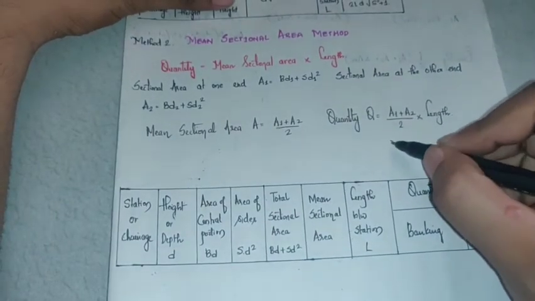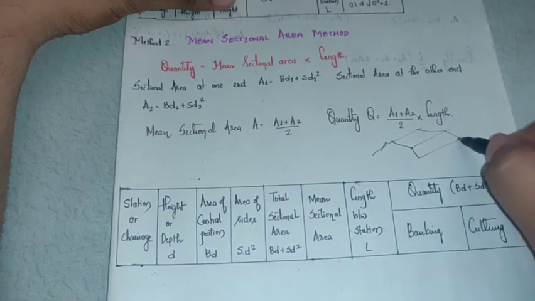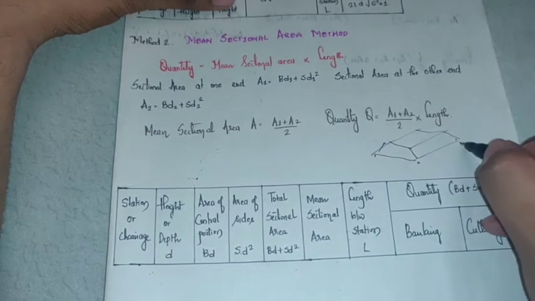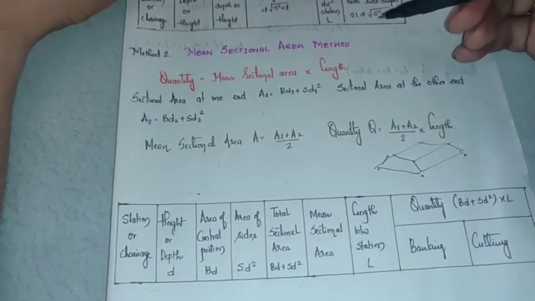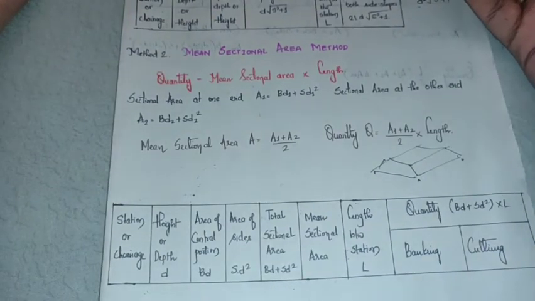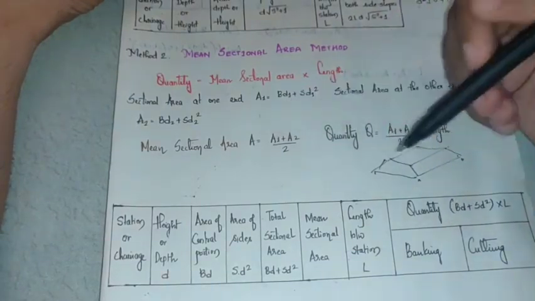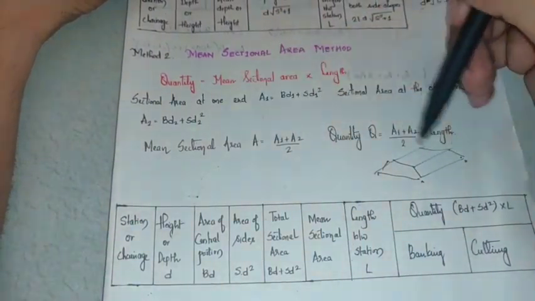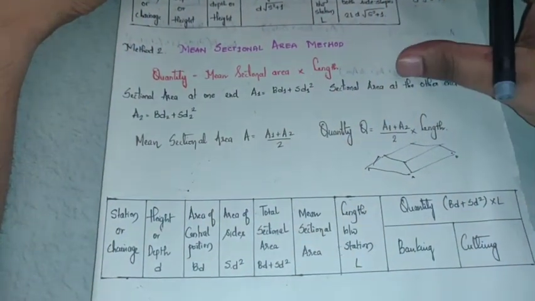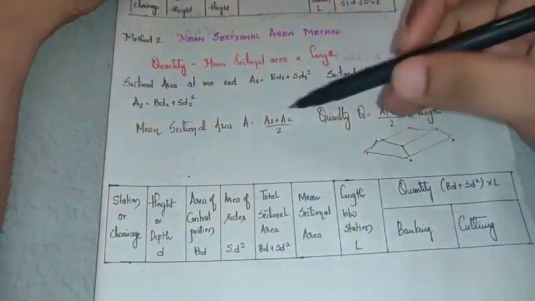If I take a trapezoidal shape like this, and consider this first point and this second point, then instead of taking the average depth and then calculating area, we directly calculate area A1 for this, area A2 for this, and divide the sum by 2. So here the average of the area is taken.